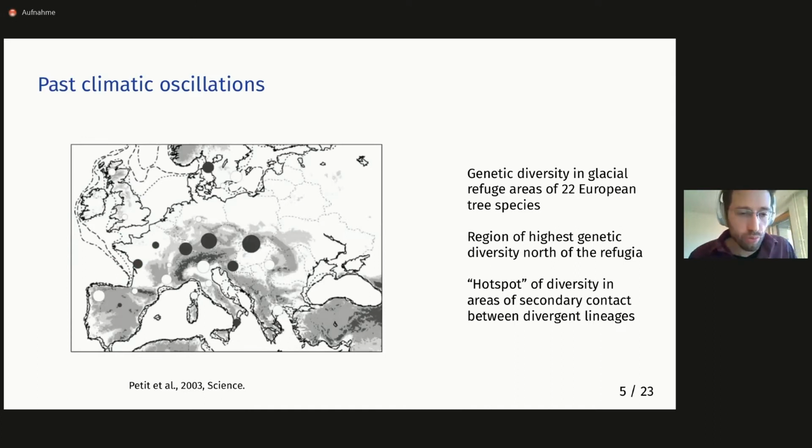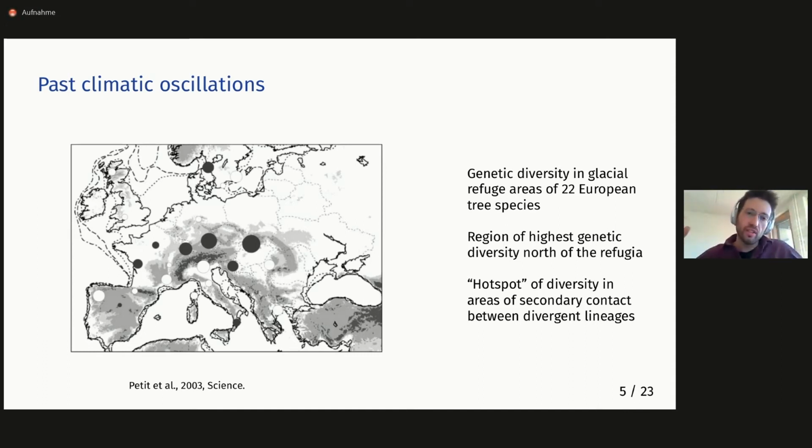As has been demonstrated by Petit et al. in 2003, using genetic data collected across 22 forestry species. And here you can see on the map the black circles, which are areas with populations with higher levels of genetic diversity than the average, and in white circles, areas with populations with lower levels of genetic diversity compared to the average.